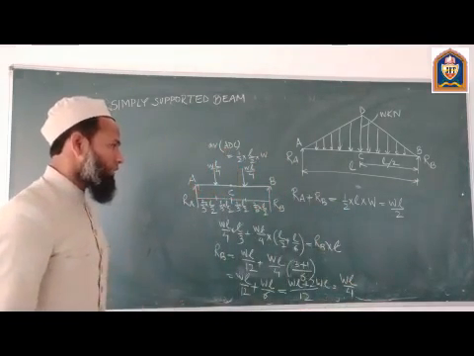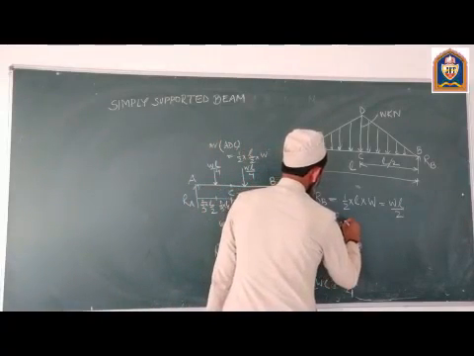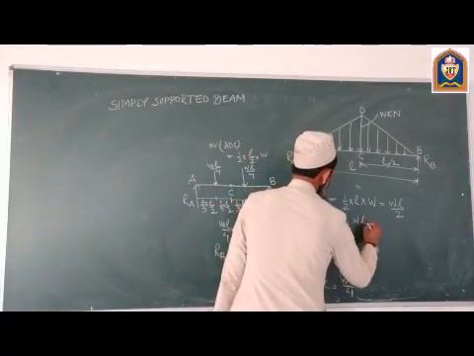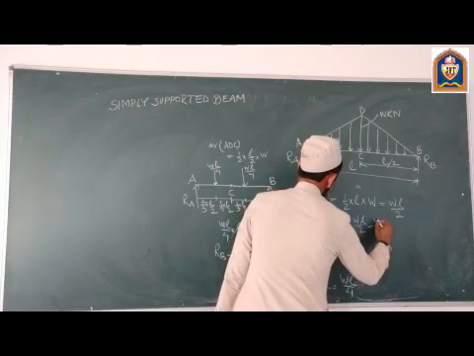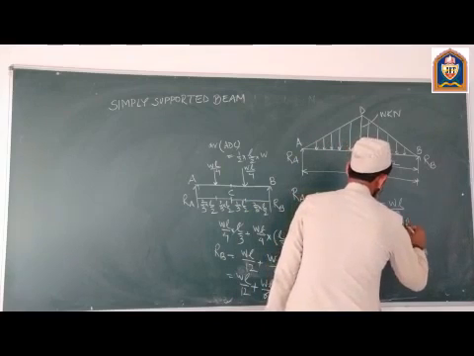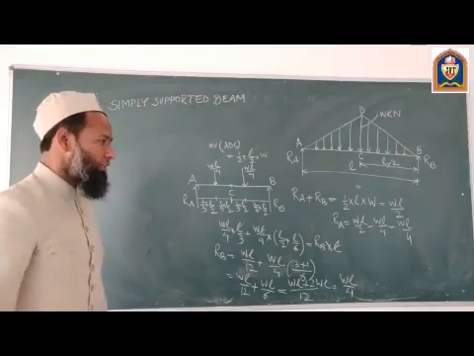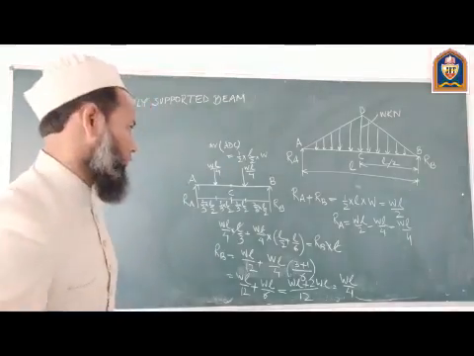So RB is coming out to be WL by 4. So when we put RB here, we will get WL by 4. So RA is equal to RB is equal to WL by 4.